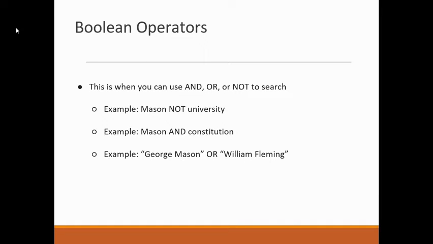And so I'm telling the database that I don't want information about George Mason University, just looking for information on George Mason. The second example, I'm looking for information on George Mason AND Constitution. And then the third example, I'm using that parsed phrasing again to look for George Mason OR William Fleming.